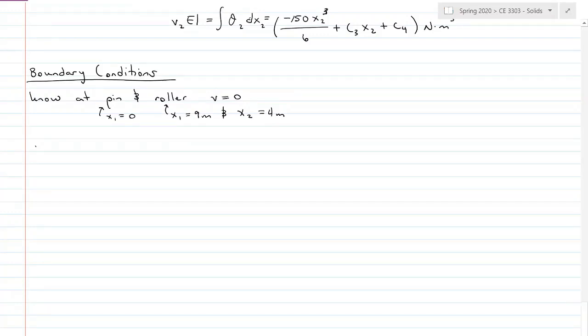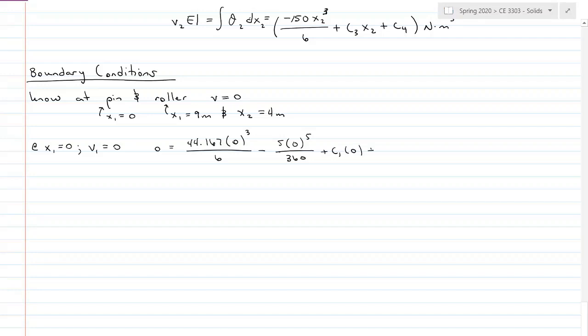So using at x1 is equal to 0, v1 is equal to 0, lowercase v for vertical deviation, I have 0 is equal to 44.167 times 0 cubed divided by 6 minus 5 times 0 to the 5th divided by 360 plus C1 times 0 plus C2.